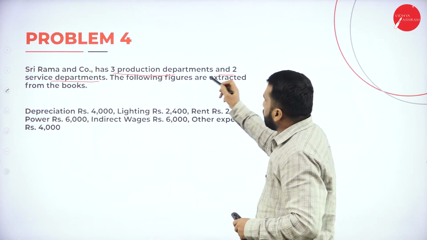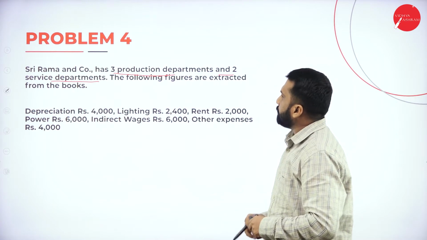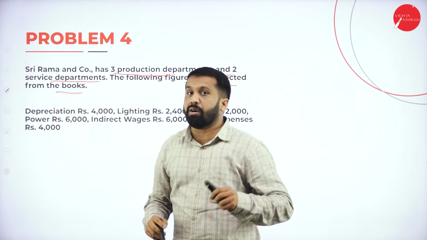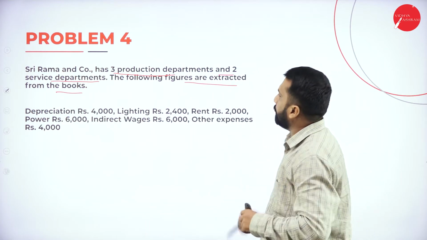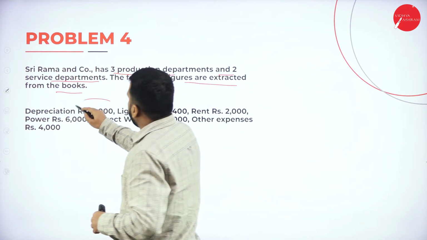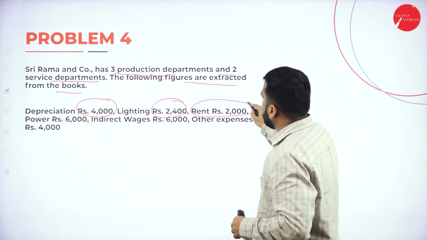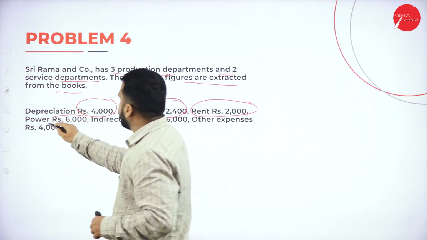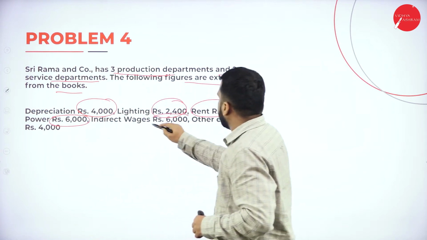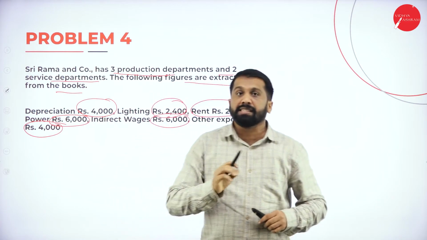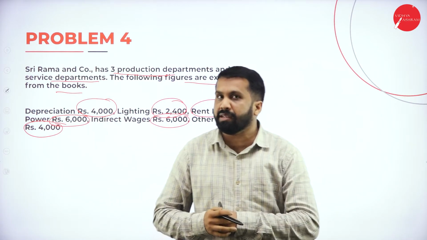The following figures are extracted from the books. All the information is given. Depreciation is 4,000, lighting 2,400, rent 2,000, power 6,000, indirect wages 6,000, other expenses 4,000.